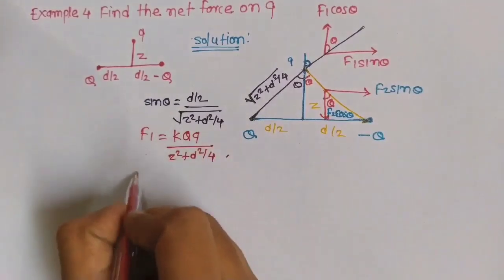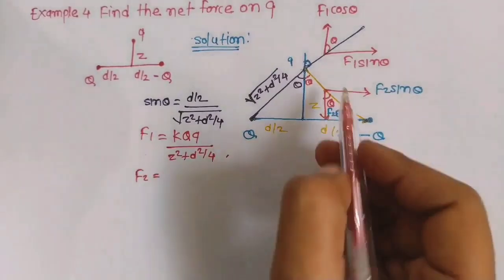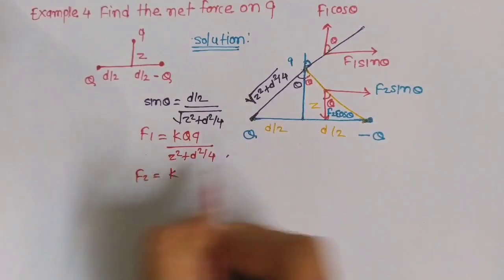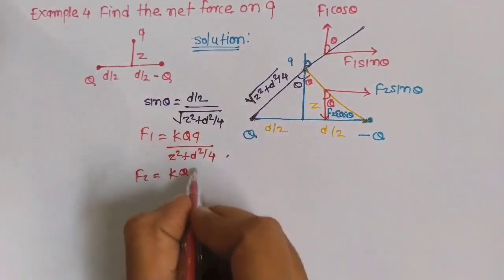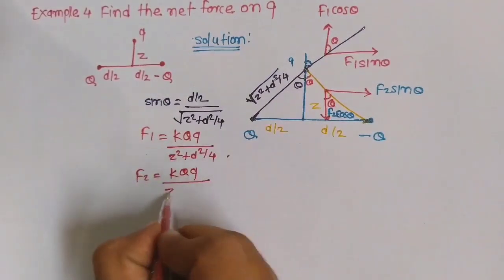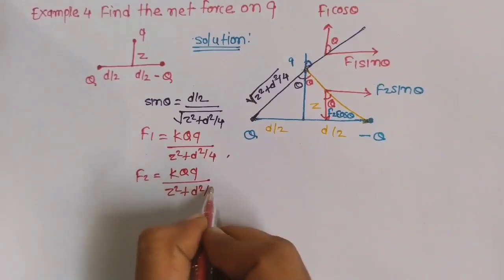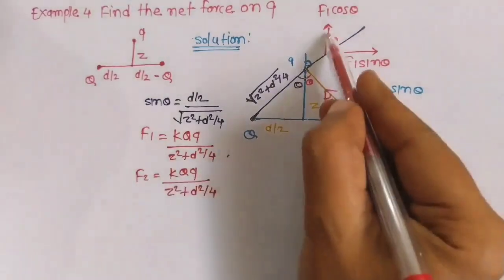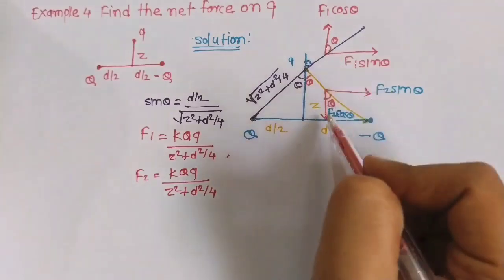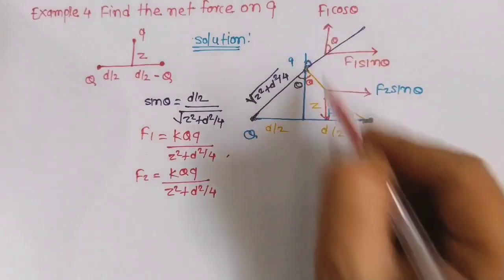Similarly, F2 is equal to K Q Q upon z square plus d square by 4. Both have the same magnitude but they are in opposite direction.